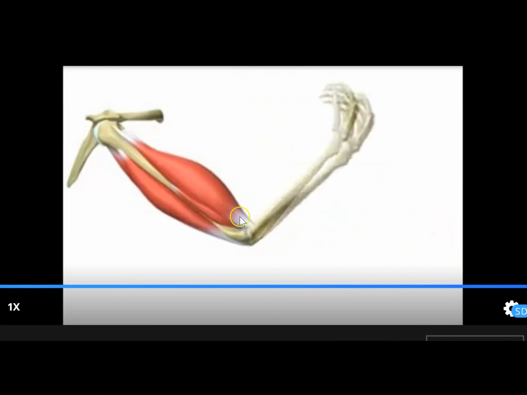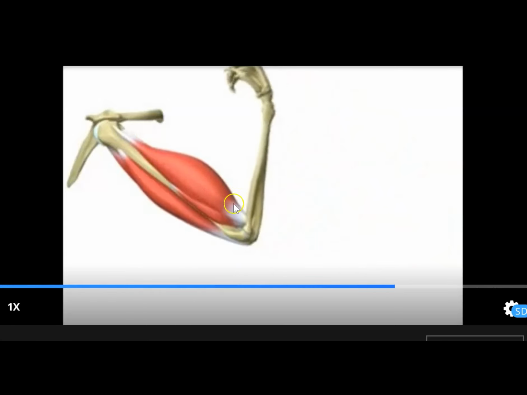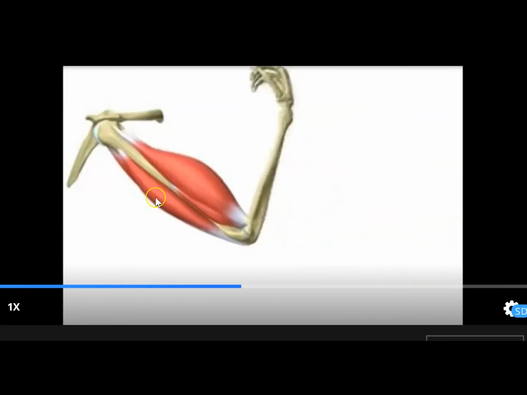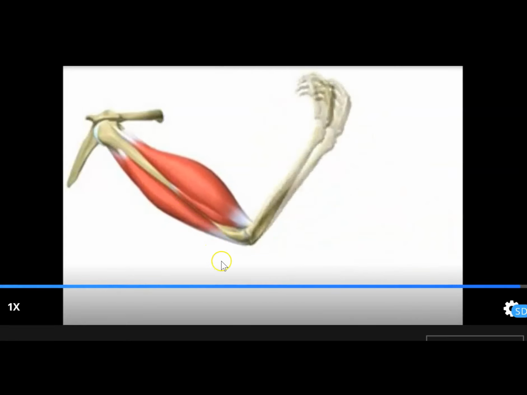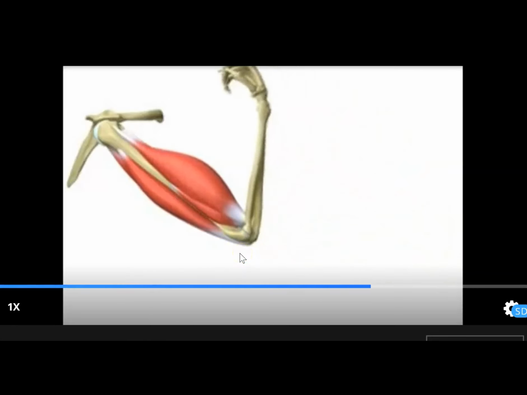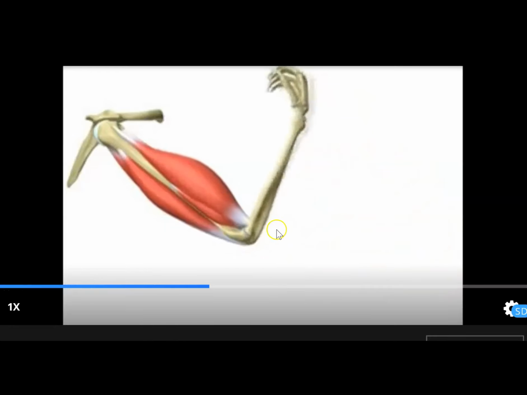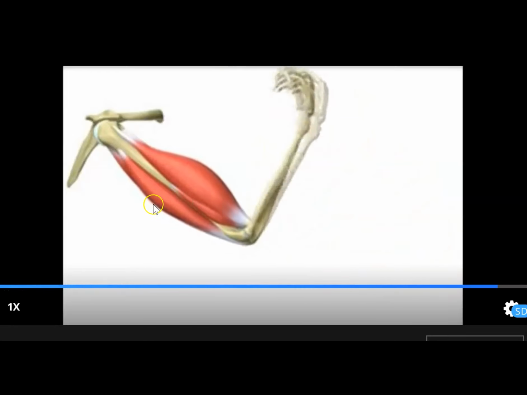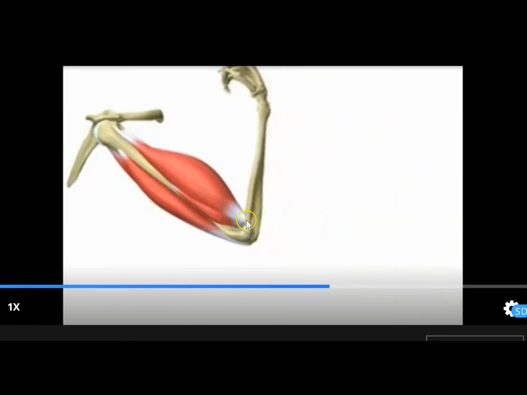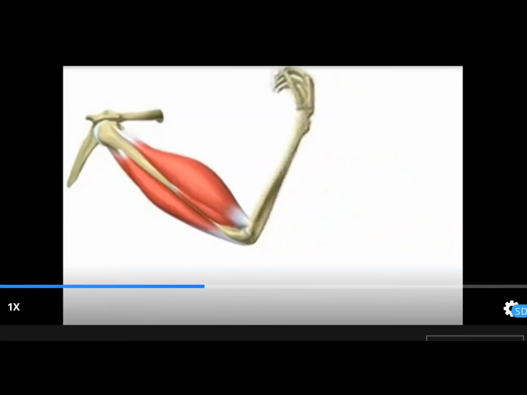Okay, so when you flex the elbow, the anterior muscles contract or shorten, and when you extend the elbow, the posterior arm muscle, which is the triceps muscle, contracts. So the muscles can only pull, they can never push. Every time a muscle contracts, it pulls the bone to cause movement.